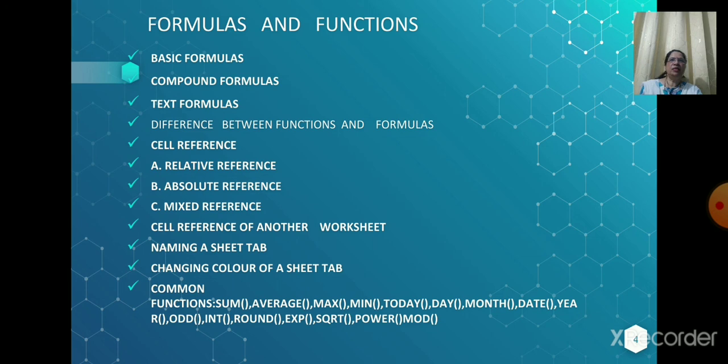Naming a sheet tab: you can right click and rename, or double click on Sheet1 or Sheet2 and change the name of the sheet. Same thing, you can give a color to the sheet, right click and give the color.